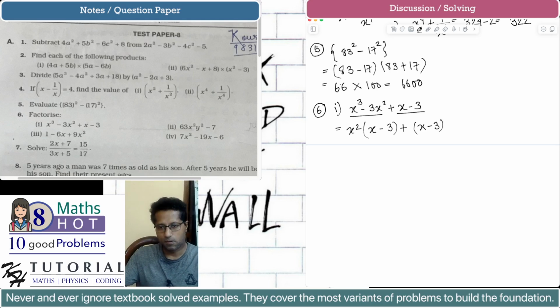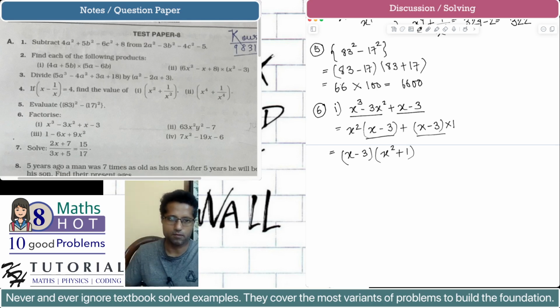Now we can see that both the groups have a common factor of x minus 3, because x minus 3 can always be considered as x minus 3 multiplied by 1. So if we factor out the common factor x minus 3 from the two groups, we get x minus 3 multiplied by x square plus 1. This is the factorization of the given polynomial.